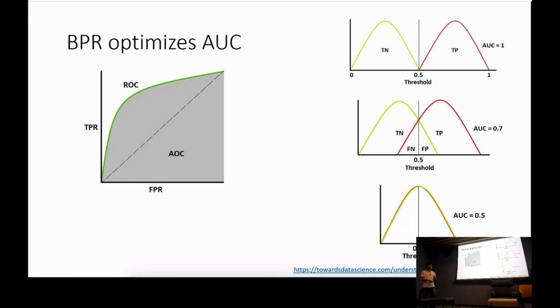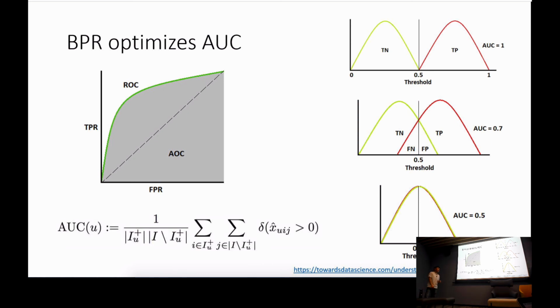Given that the data set is balanced and the threshold is 0.5, you get AUC 0.5. This slide represents the random guess. If you do better than random, that's good. If you do worse than random, it means you can reverse it and do better than random.